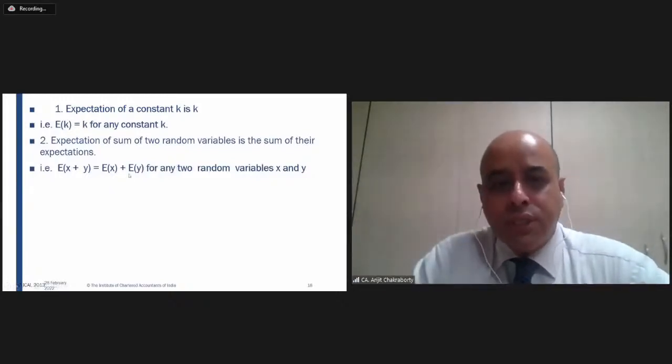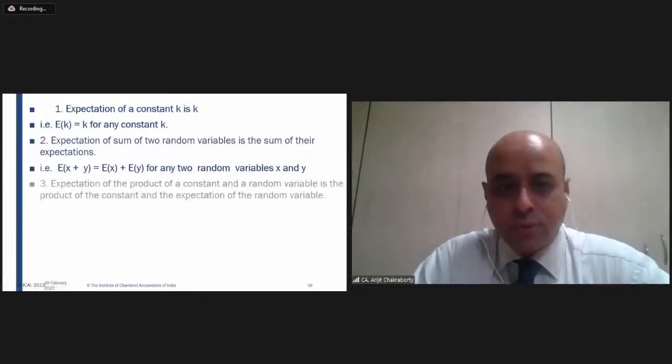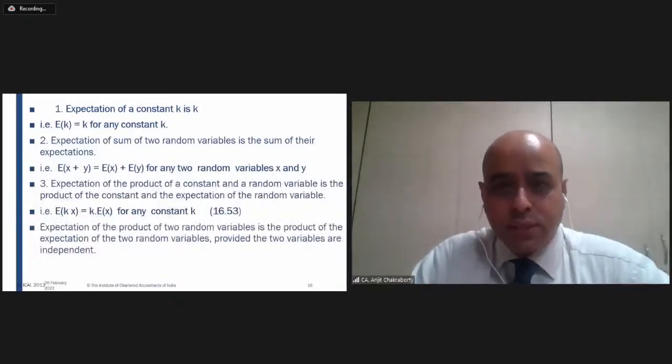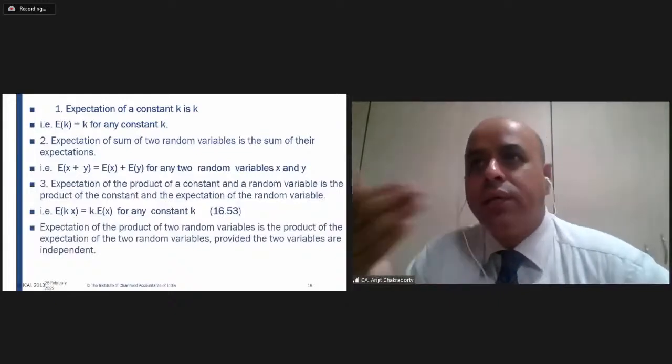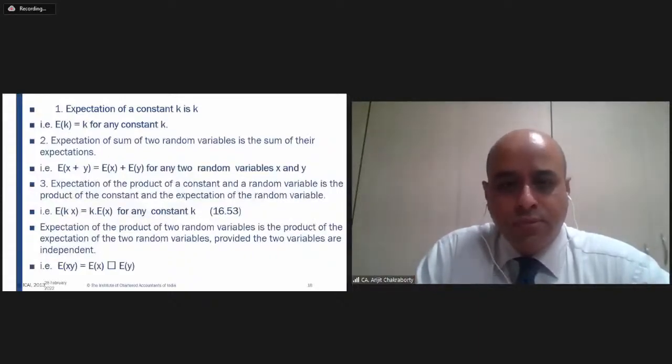So it becomes E x plus E y. These are simple formulas. This you need to remember, of course. Also, expectation of k into x is equal to k into expectation of x, k comes out. So just go through these formulas and we will now proceed to some of the problems.